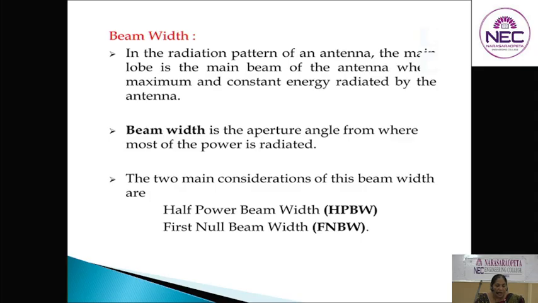Beam width is the aperture angle from where most of the power is radiated. There are two main considerations of this beam width. First consideration is the half power beam width, that is HPBW, and second one is the first null beam width, that is FNBW.